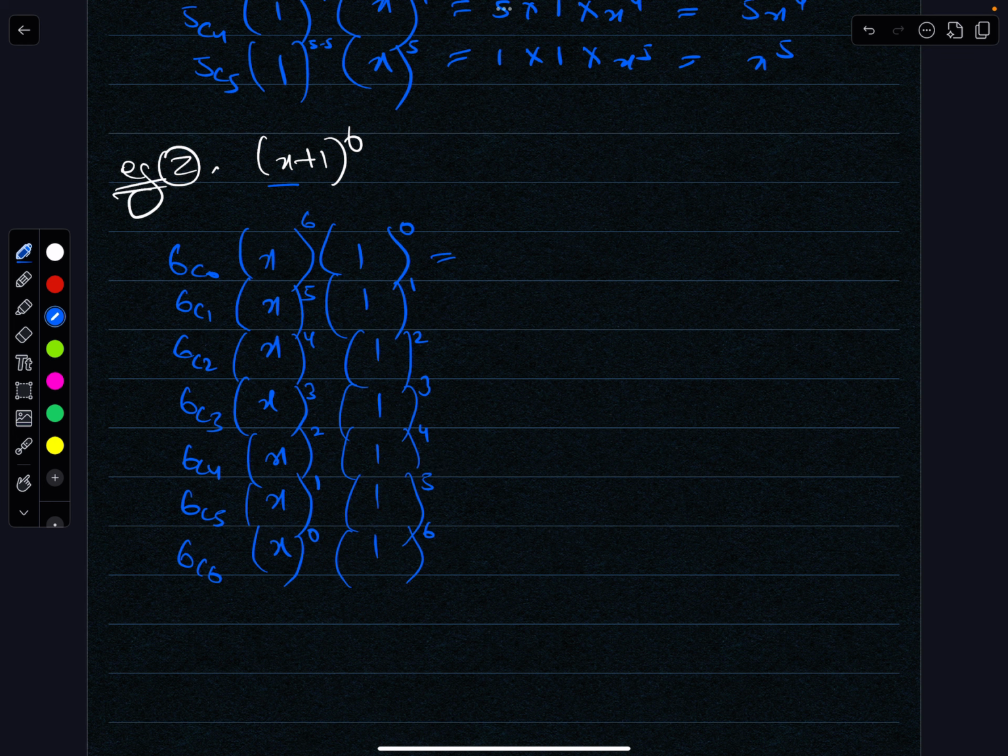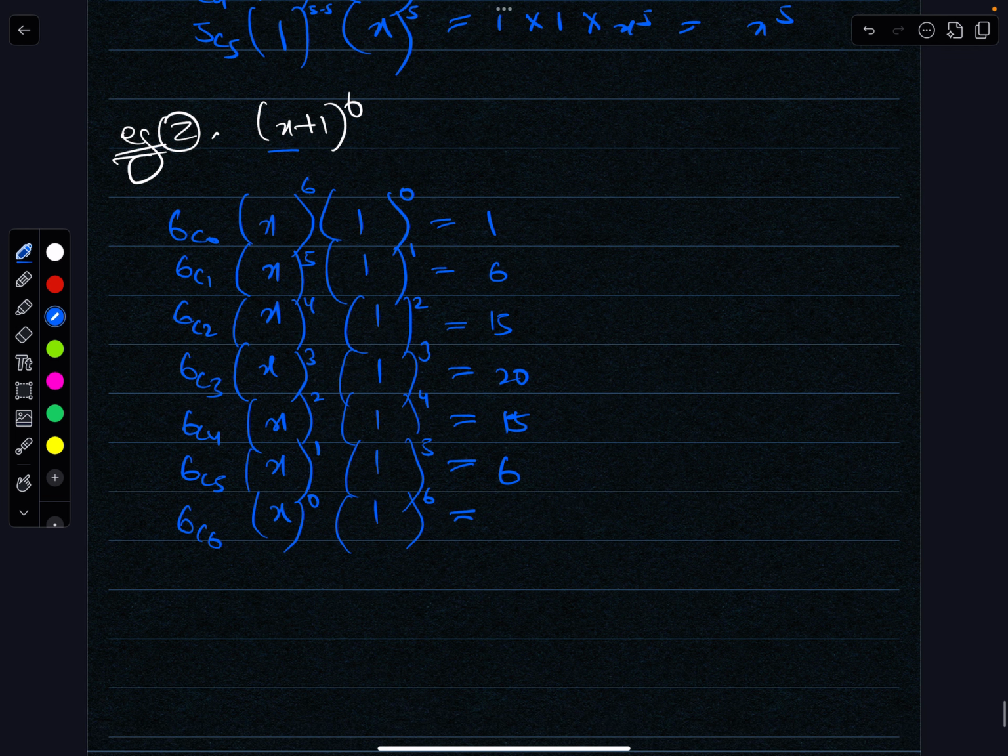So I'll solve each of these lines. I'll have a 1 here, 6, 15, 20. You can also solve simultaneously with me using a calculator and just confirm the values.